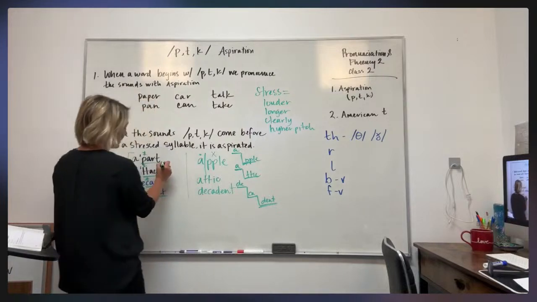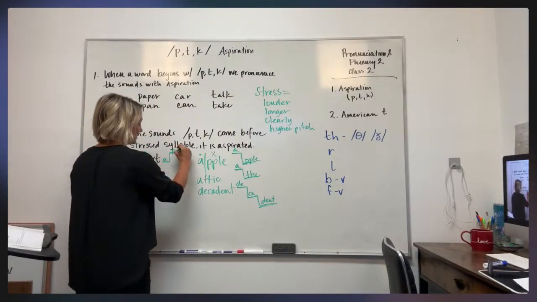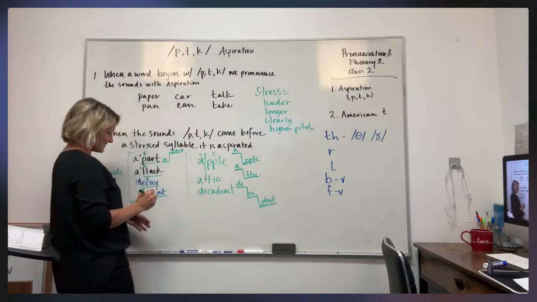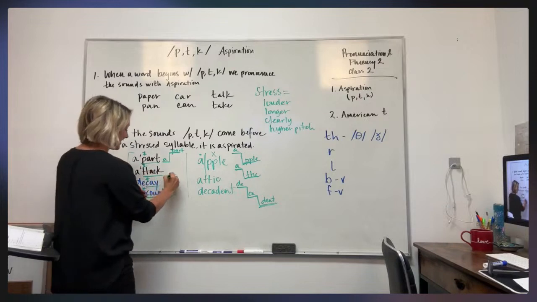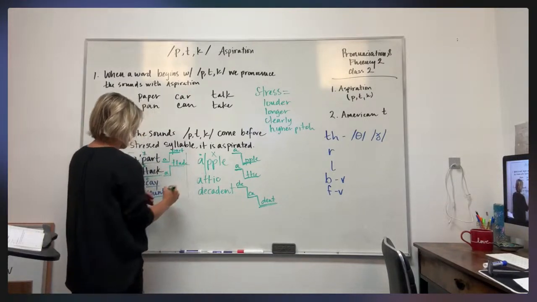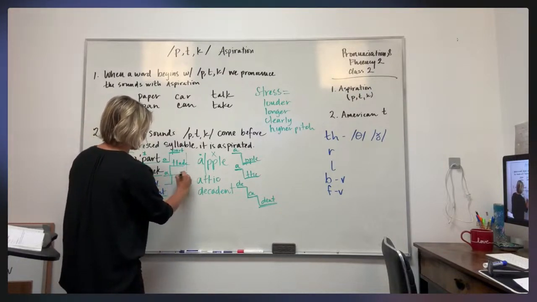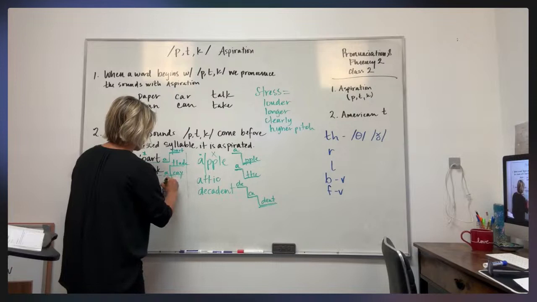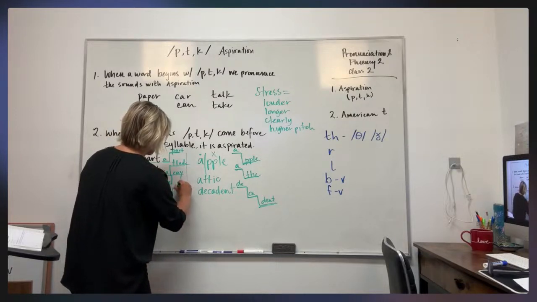So if we're looking at these ones, this part is stressed, so we've got part, okay, part. This might be kind of difficult to see for the smaller camera here, so sorry. Attack, okay, decay, so it's decay, okay, and account, count.